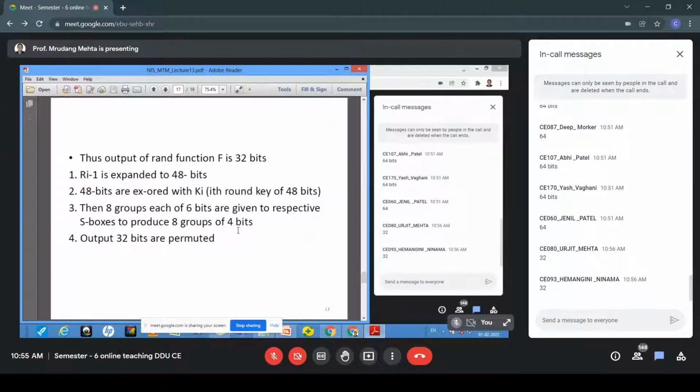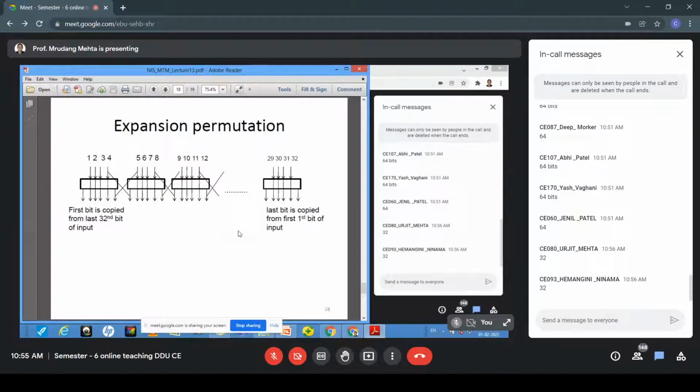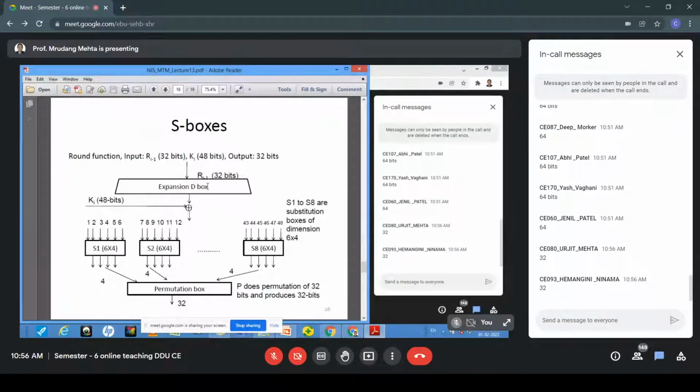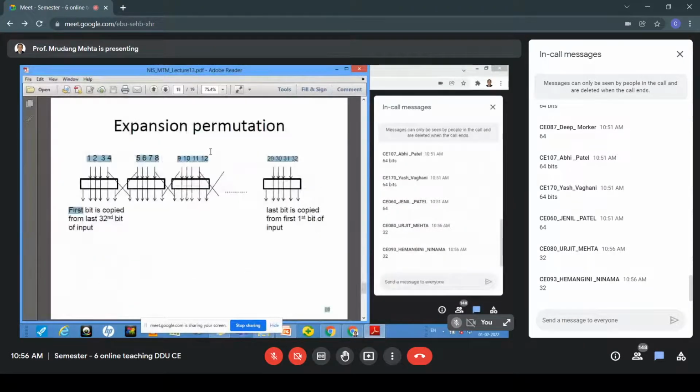Okay. So this was discussed in the previous class, and expansion permutation was also discussed, which converts 32 into 48. So how is this expansion P box generated? It converts 32-bit into 48 bits. For doing that, the first bit is taken from what was the last bit, and the last bit is taken from what was the first bit.